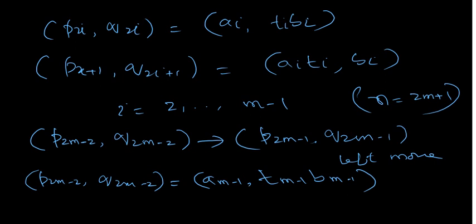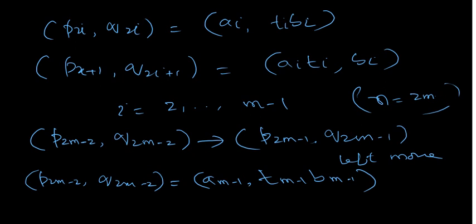So that should end with an odd number of transitions. If I take this move P2m minus 1 Q2m minus 1 to P2m Q2m, then n you can choose as 2m, not 2m minus 1, just 2m. For these 2m we have odd transitions.